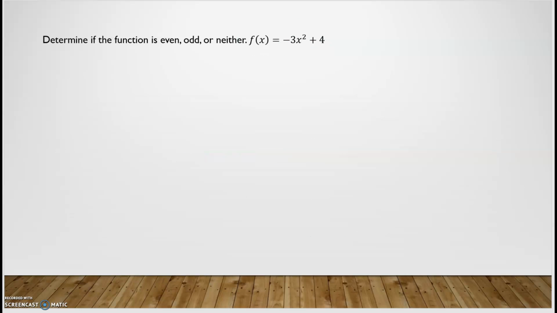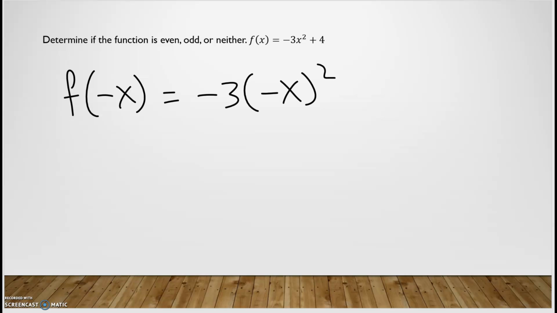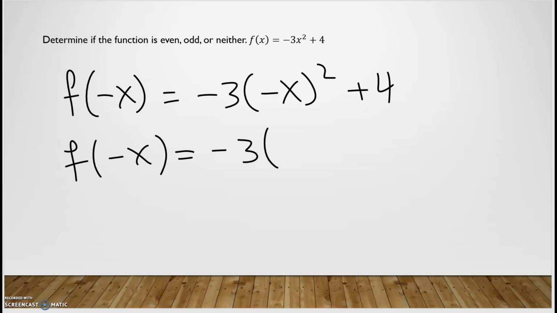Okay, so let's look at this one. f of negative x. So we'll have negative 3 times negative x squared plus 4. So negative x squared, this will be negative 3, negative times negative would be a positive, and then we just have x squared plus 4. Now let's look.